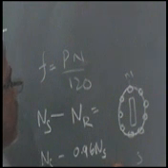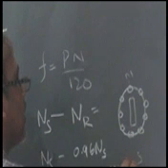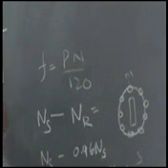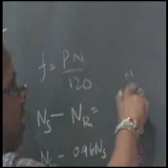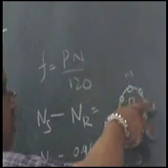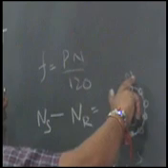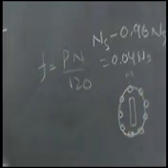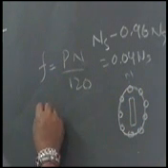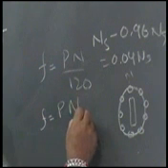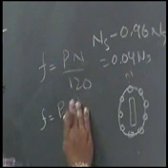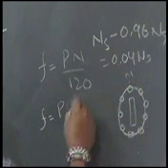So it is very less because the rotor is also trying to catch up with the stator magnetic field. Frequency will be equal to P into 0.04 Ns by 120.